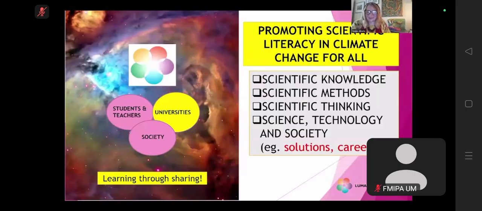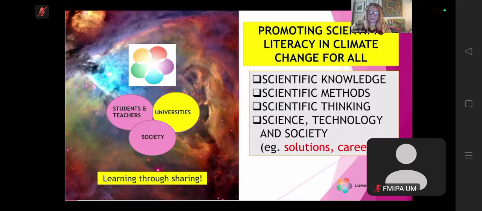Our role as university is to promote scientific literacy in climate change for all. And if you think sustainable energy, there's a lot of scientific knowledge every day going on or published. There are a lot of different kind of scientific methods.